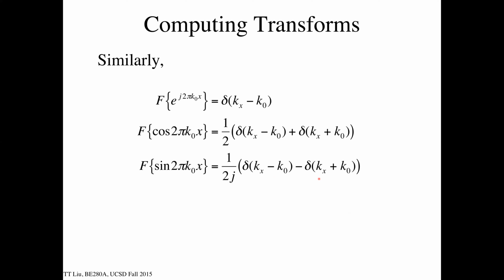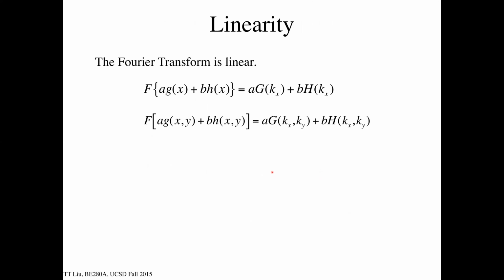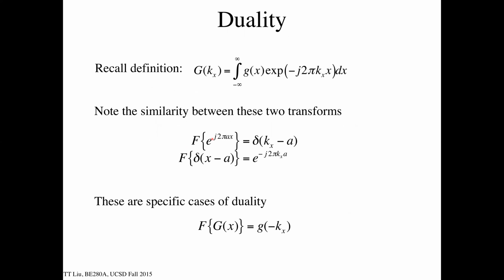So it looks like that. It's a linear transform. So if I take a sum of 2 functions, I can equally well take the sum of their Fourier transforms and multiply them by coefficients. And that works in 2D as well as 1D.